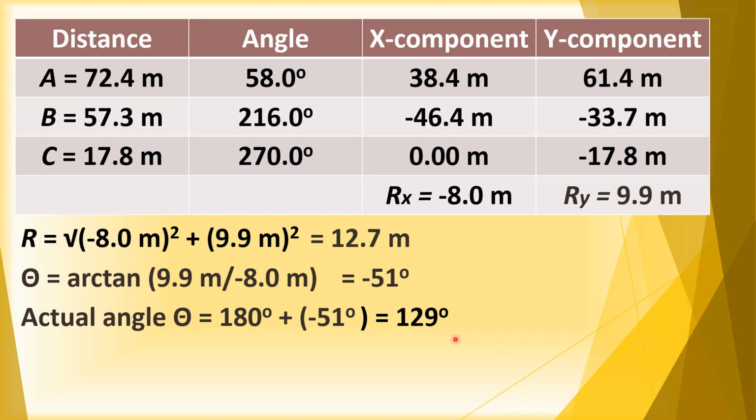The actual angle is understood to be drawn from the positive x-axis in counterclockwise direction. So 129 degrees can also be written as 39 degrees west of north.